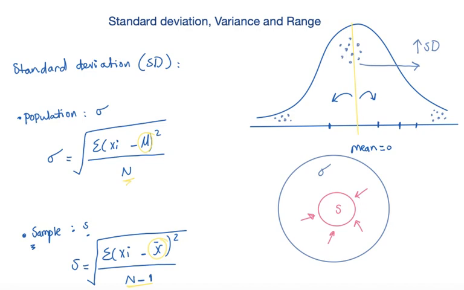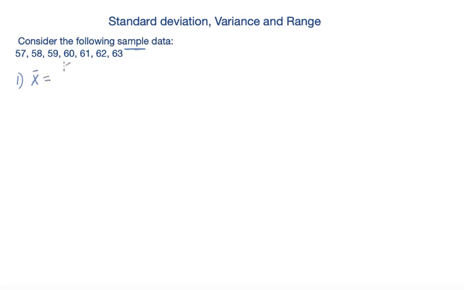Now let's take an example to see how we can calculate the standard deviation. See this example here. Consider the following sample data, and we are given these numbers. So we have a sample here. The first step to get the standard deviation of the sample is to calculate the mean of the sample. And we know that the mean is the sum of all data divided by the number of these data.